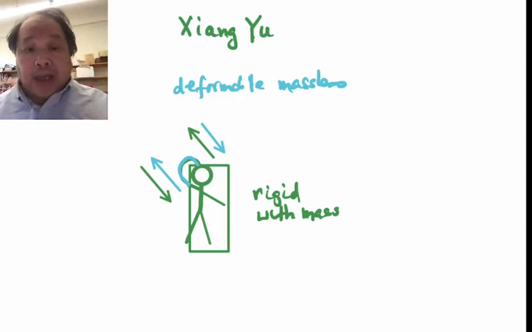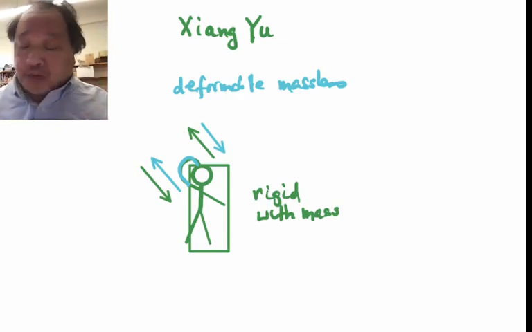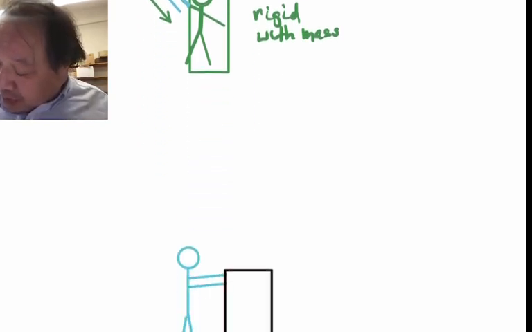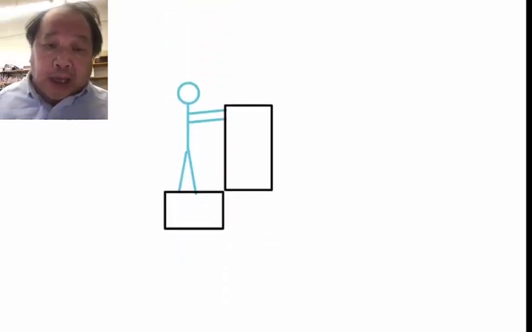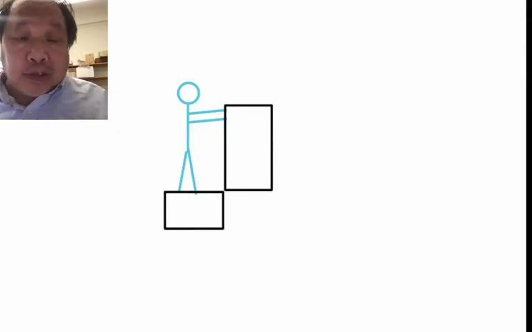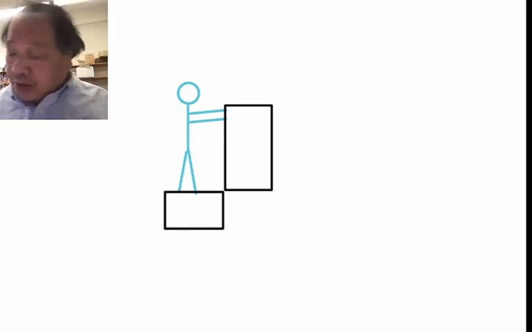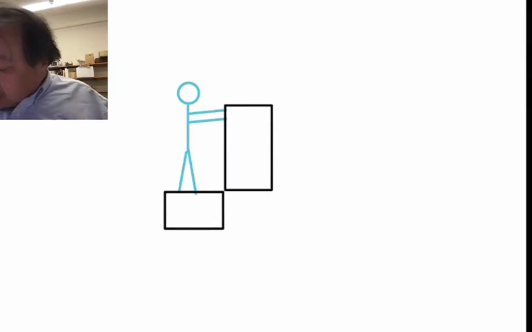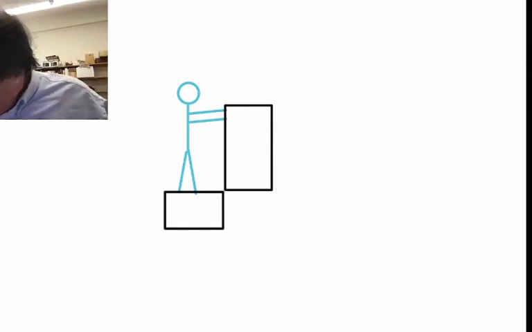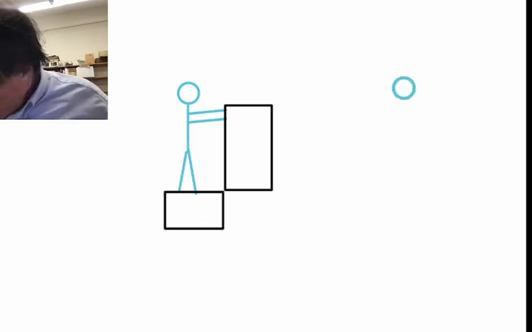Okay, and what we're also going to look at is problems which are like this. Here's a person, and the person's hands are going to be pushing one block, but at the same time, their feet will be pushing the block the other way. And so the motion is going to be, here's the person, and they're going to end up extending outwards.